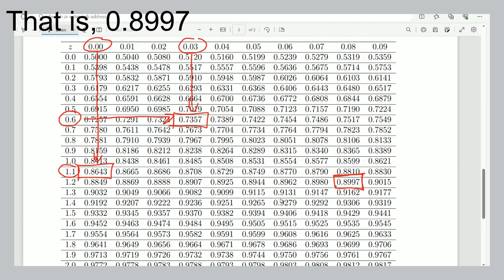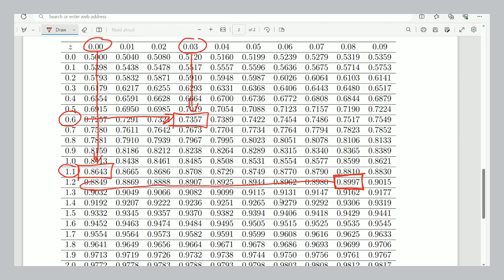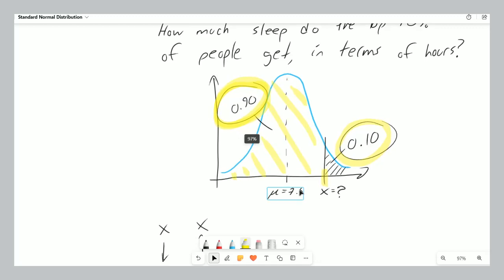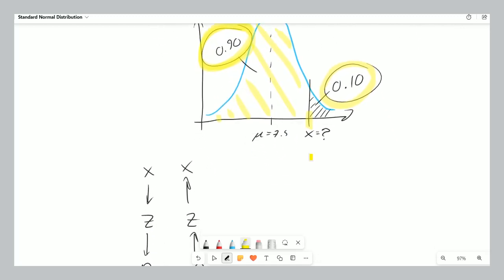That's the closest one. Okay? So what z value does that correspond to? 1.2, and the second decimal point is 8. 1.28. That's the corresponding z value. So we know that this z value here is 1.28.